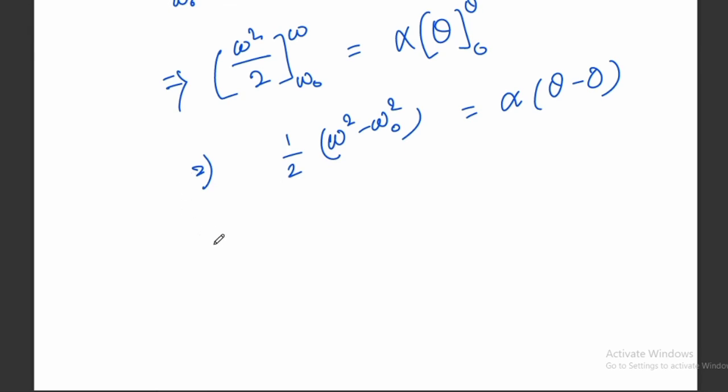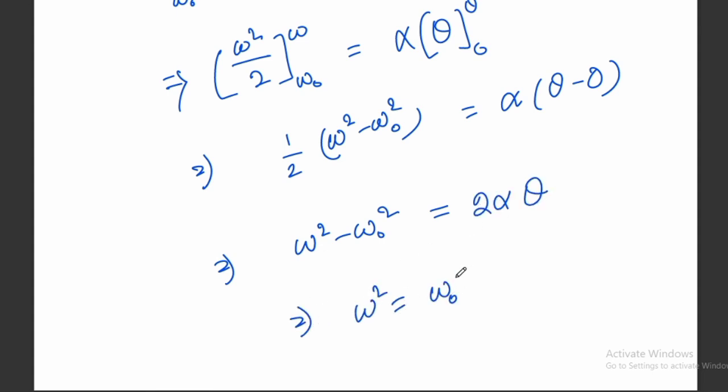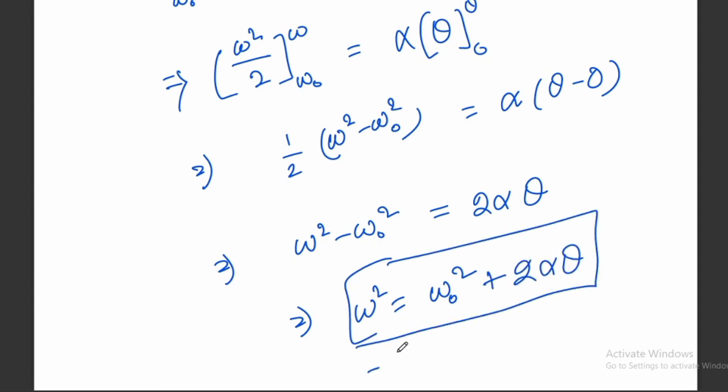Now if we cross multiply it, it will be omega square minus omega naught square equals 2 alpha theta. So omega square equals omega naught square plus 2 alpha theta. This is our third equation of rotational motion.